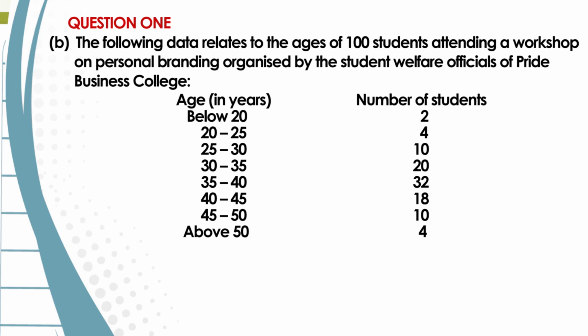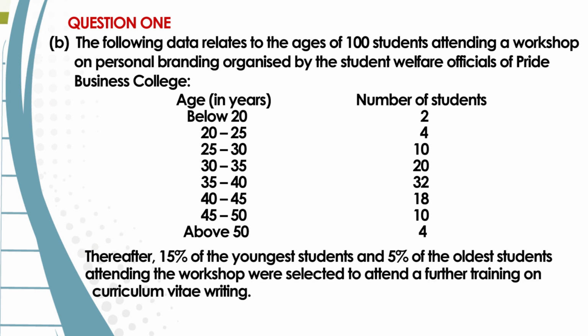So you have the column for age in years, you have below 20, then we have between 20 to 25, 25 to 30, 30 to 35, 35 to 40, 40 to 45, 45 to 50, and then above 50. Then we have the column for number of students: 2, 4, 10, 20, 32, 18, 10, and lastly 4.